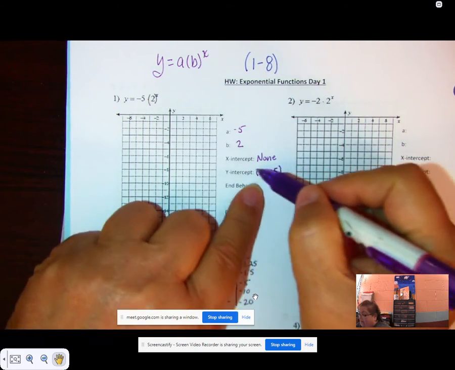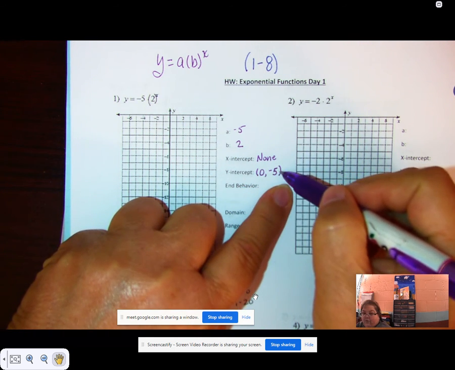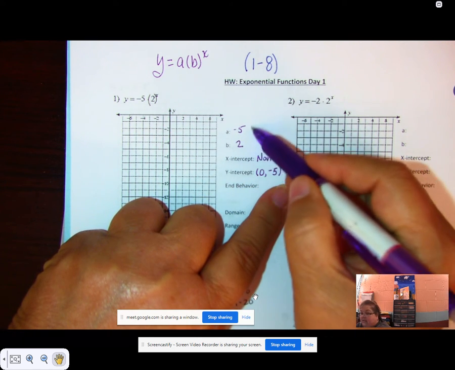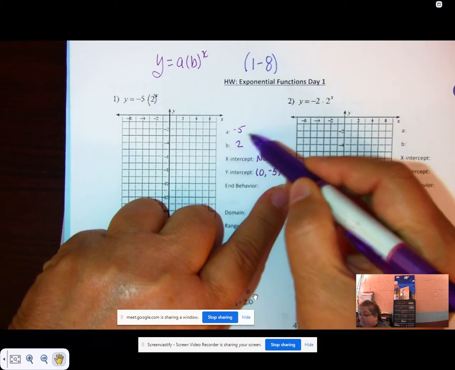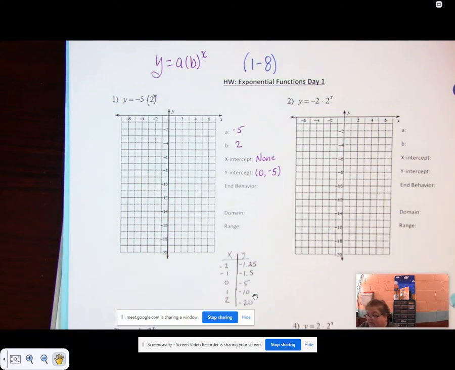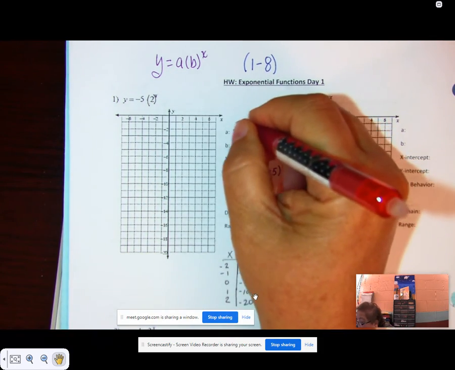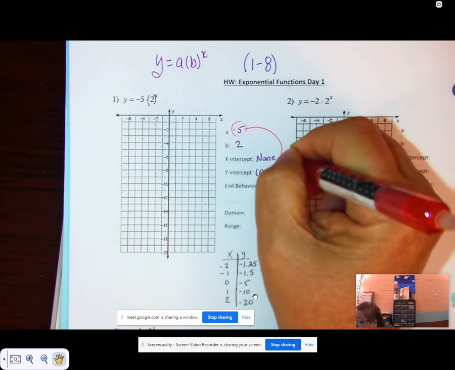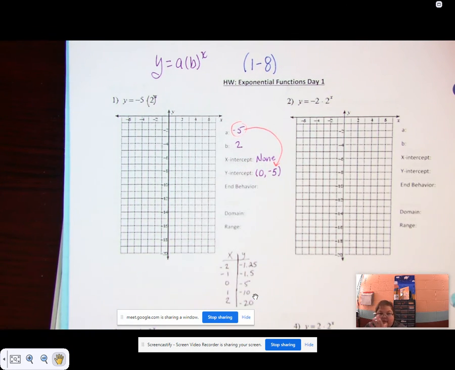Because the y value in the y-intercept is the a value. The a value is the y value in the y-intercept. Awesome. Good deal, Dennis.